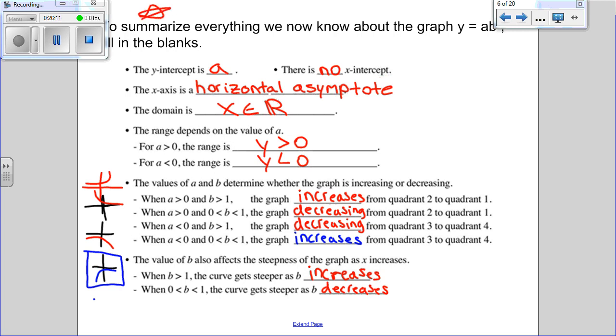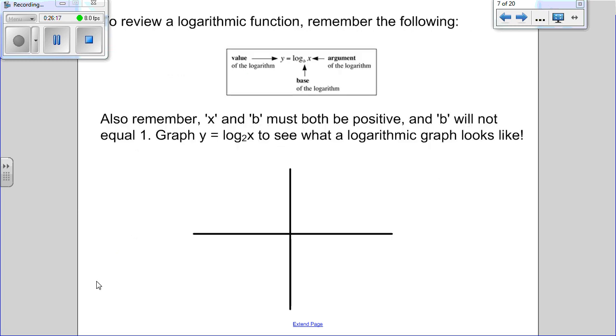Logarithmic graphs. Logarithmic graphs are very similar to exponential graphs, which makes sense because logs and exponents are linked, right? Remember that you're really just changing form in between logs and exponential. So the graphs should probably also be linked. And what we're going to do is we're going to try to graph one just to see what it looks like.